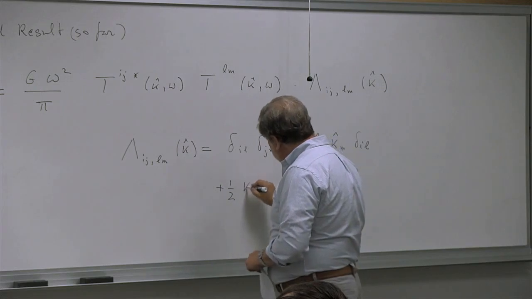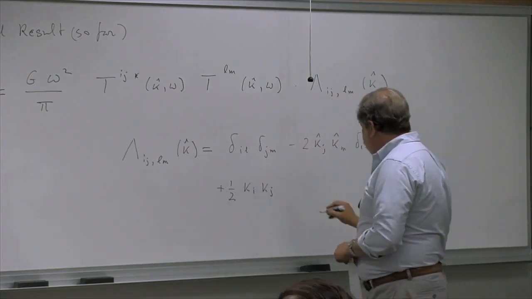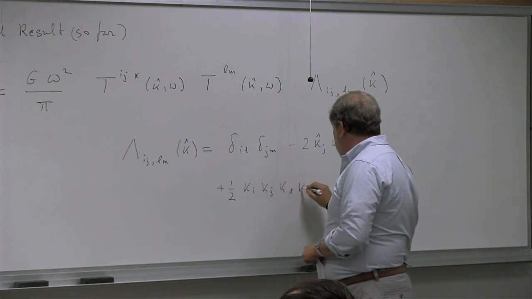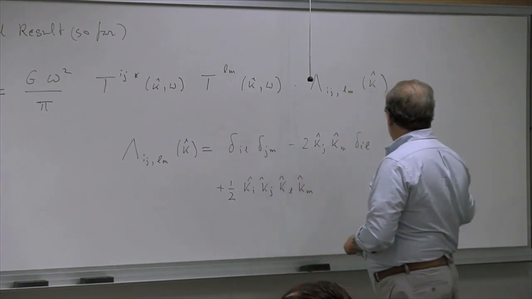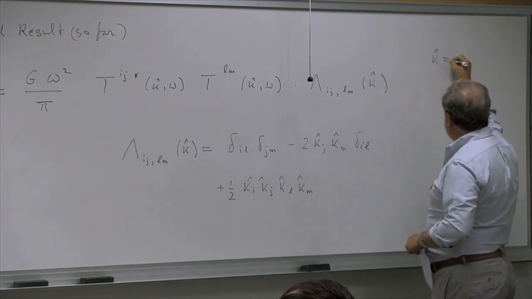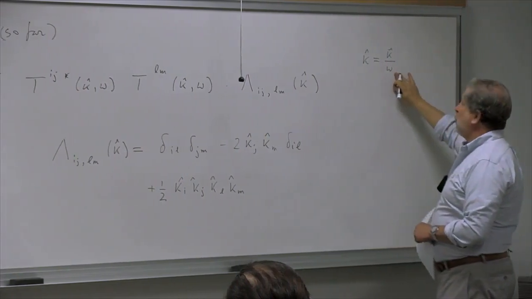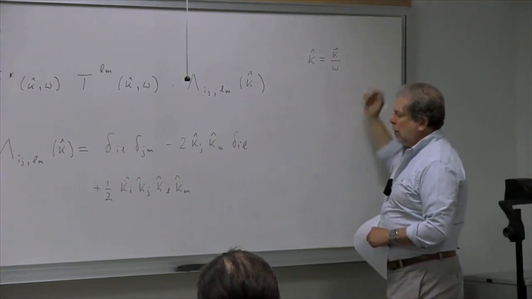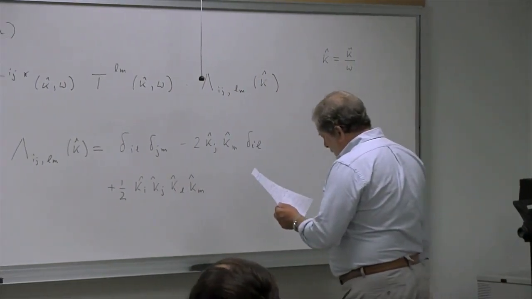And then plus a half k i, k j, k l, k m. Again, all unit vectors, so a hat on top. So k hat, of course, is k divided by the magnitude of k, which is, of course, omega. Remember, again, we have c equal to 1, right? So these are all unit vectors and components of that.